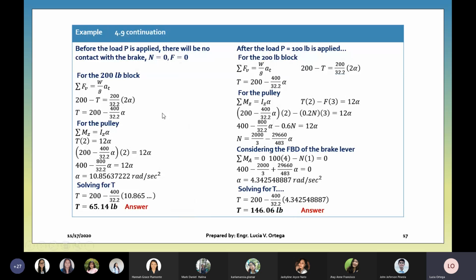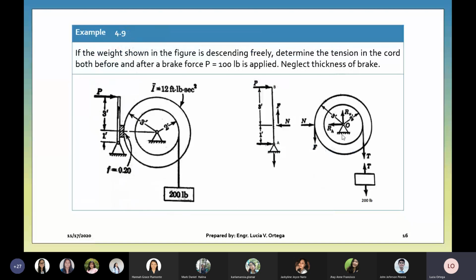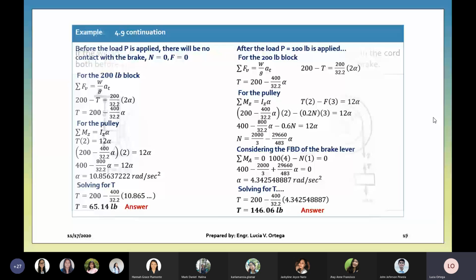Before the load P is applied, there will be no contact with the brake, so the normal force and friction equal 0. Let's consider first the 200-pound block. Summation of forces vertical is W over g times tangential acceleration. What is the acceleration? That is the radius times alpha. Radius is 2.